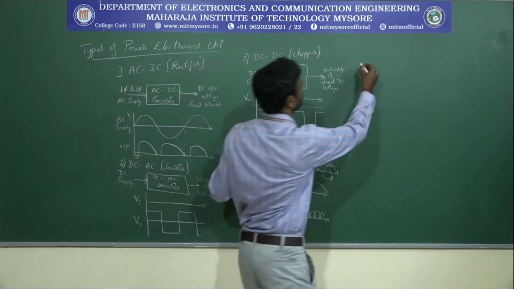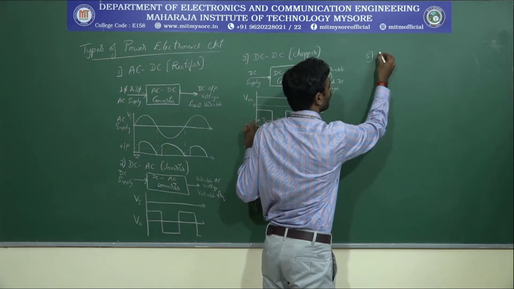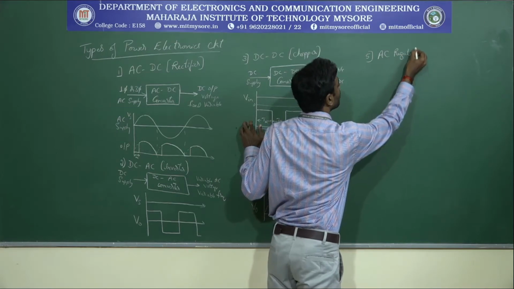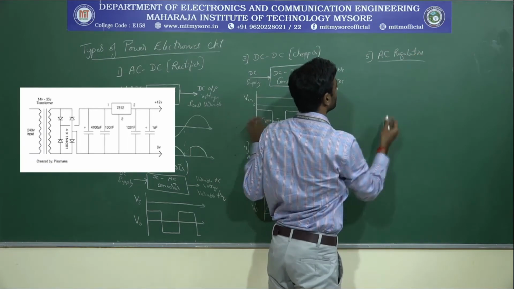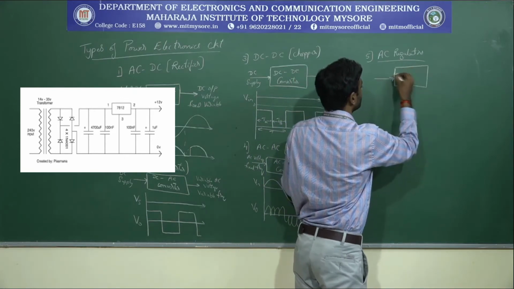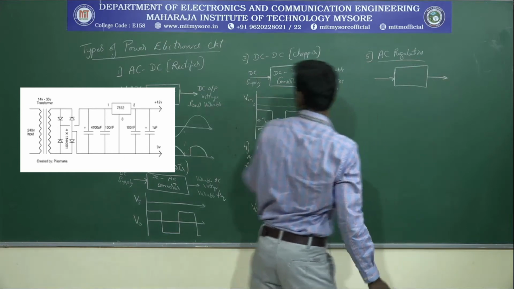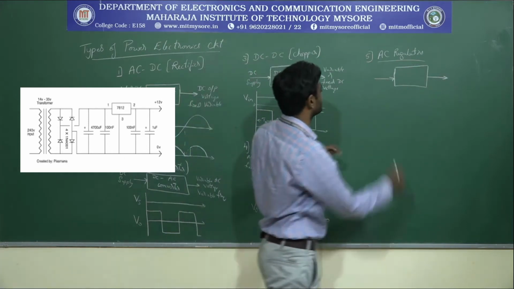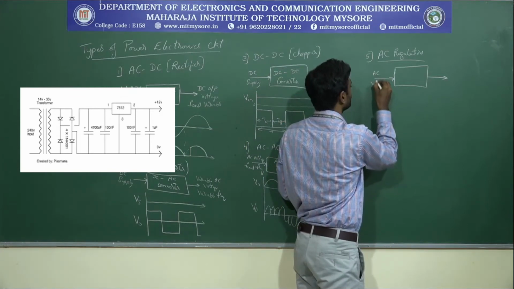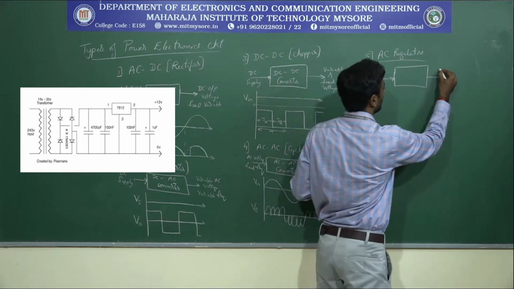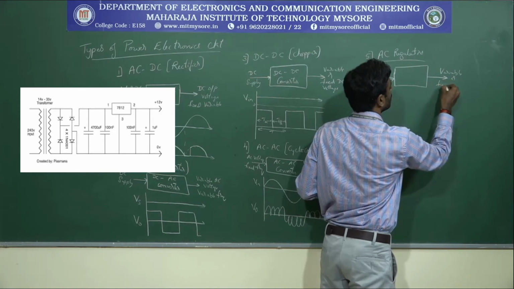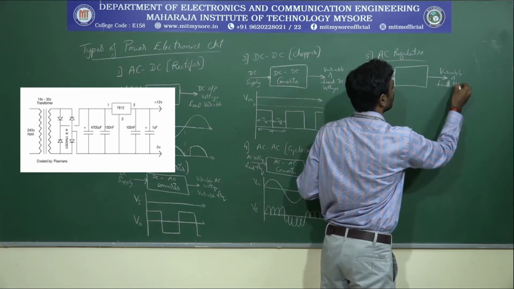And the fifth one is, if you consider the fifth one, I will call it AC regulators. For this I will be using a similar diagram. When you consider the AC to AC, a single phase AC voltage as an input, the output voltage will be a fixed or a variable AC voltage here.